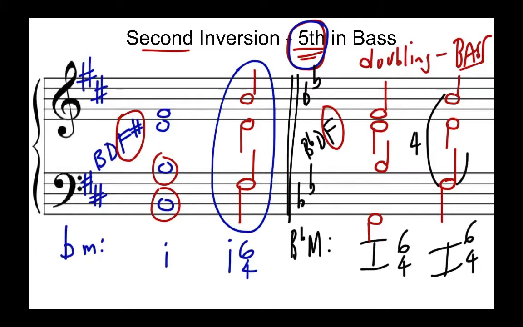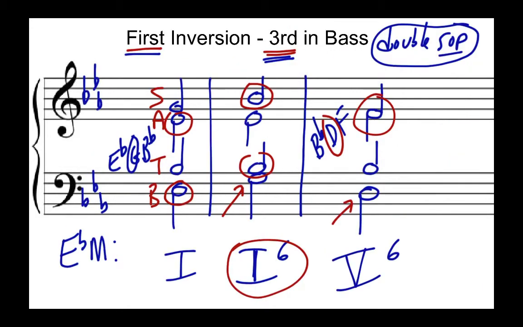And then the interval from the F to the D is a sixth. So that's where we get the 6 and the 4. Just like in our last screen, we get the interval of 6 because from the bass note above it you have a 6, and then above that you have a 3. So 6, 3.